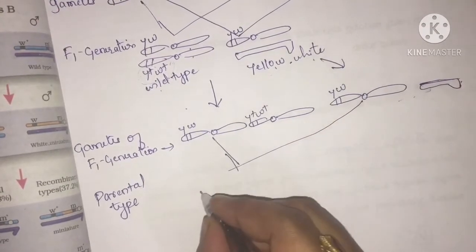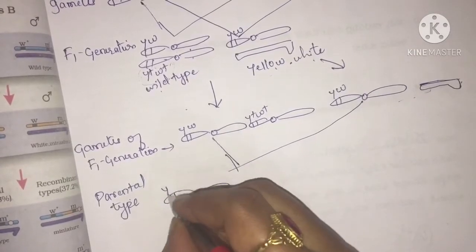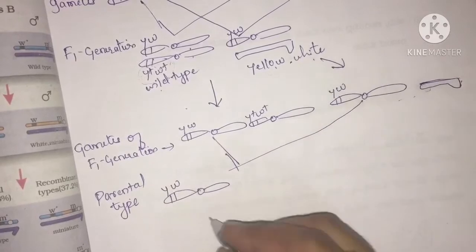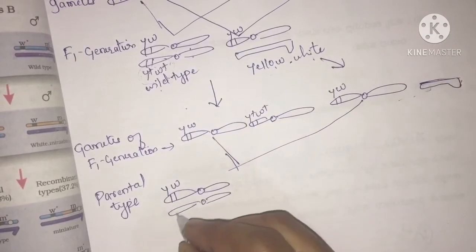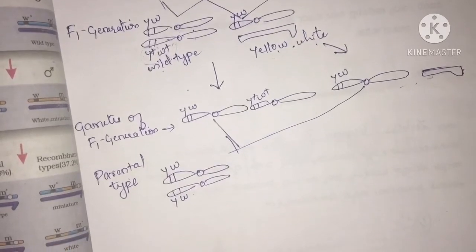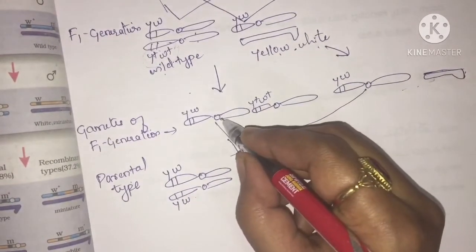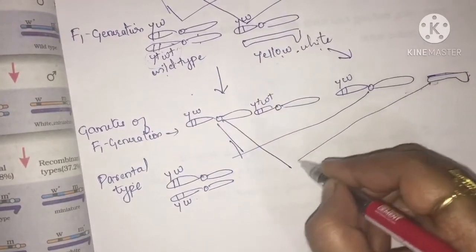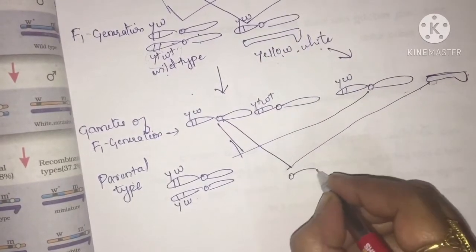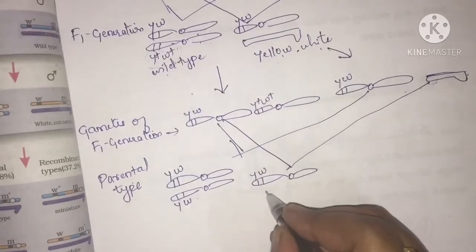We are going to do this. What we'll get is yw, and from here yw. Then we take this and cross it with this. If you draw simultaneously, it's better to understand.